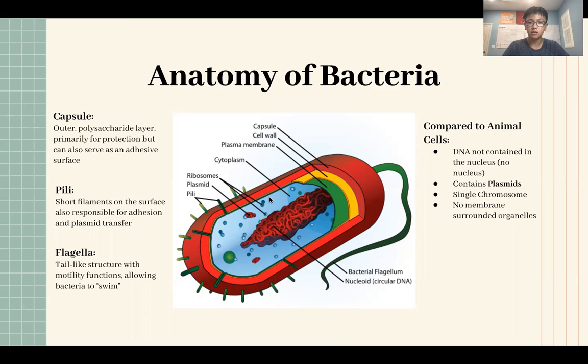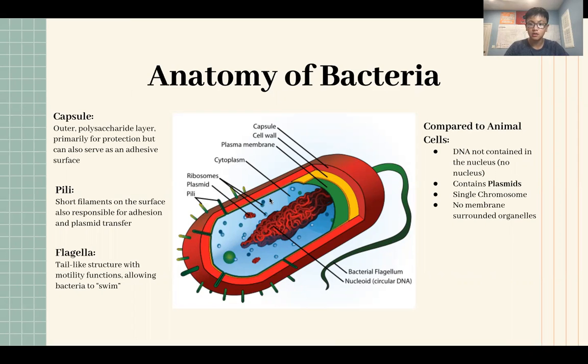Flagella is a tail-like structure. I'll explain in depth later, but it essentially allows bacteria to have motility. It allows it to move, and it consists of a hook and a rotor and a tail, a filament. And then it's very different compared to an animal cell. For instance, DNA is not contained inside a structure like the nucleus.